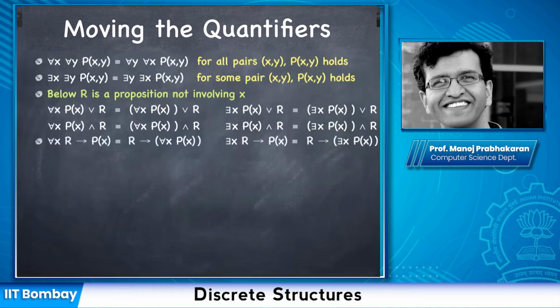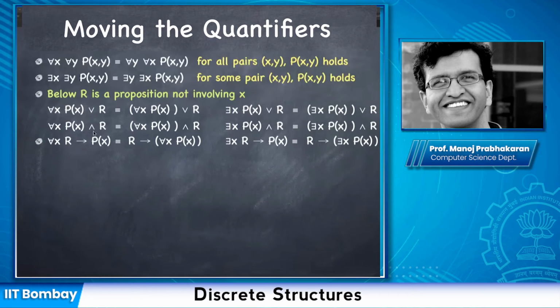How about changing this or and and to something a little more subtle, say implies. So for all x, R implies Px. Well, R implies Px is just saying not R or Px. So it's actually not very different from the statement here, right? This said R or Px. This is not R or Px.